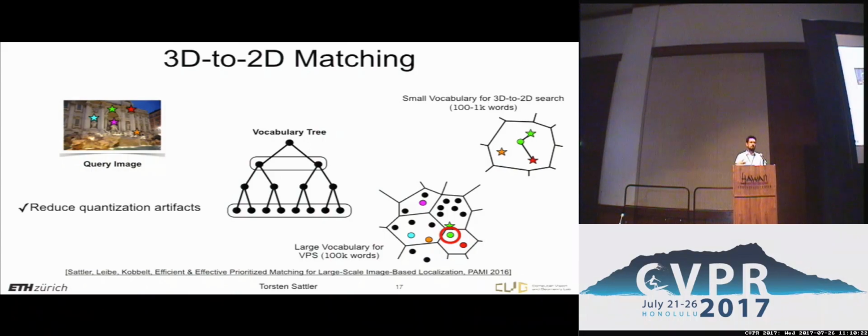It reduces the quantization artifacts by just using a smaller vocabulary. You can reuse the data structures that you have to build anyways. And you can also still do prioritization, because matching from 2D to 3D and from 3D to 2D is just a number of descriptor comparisons.